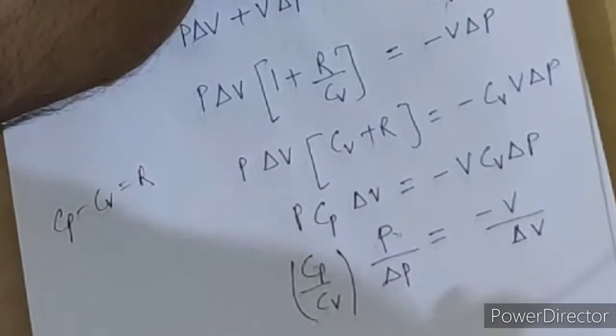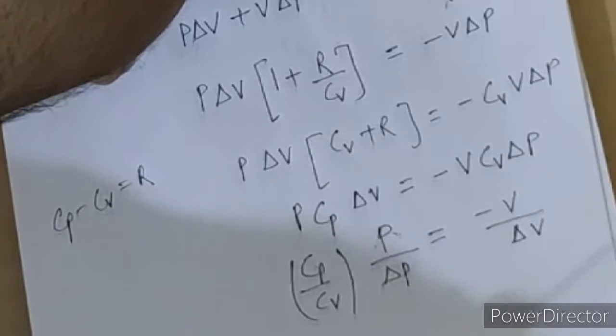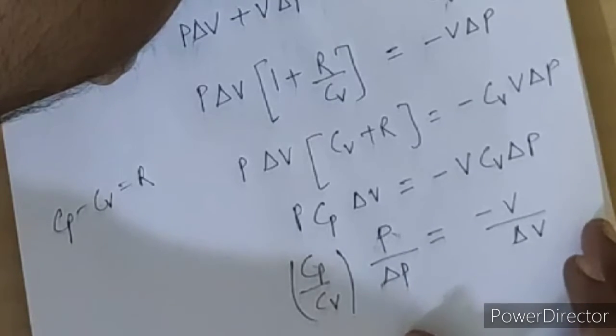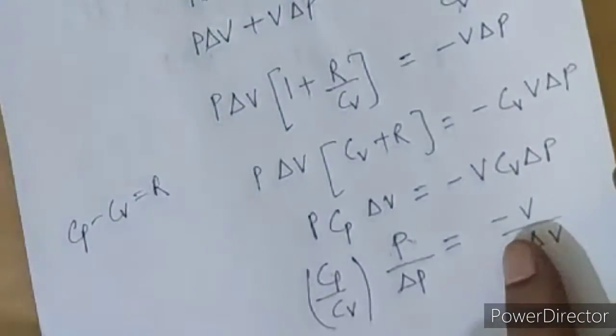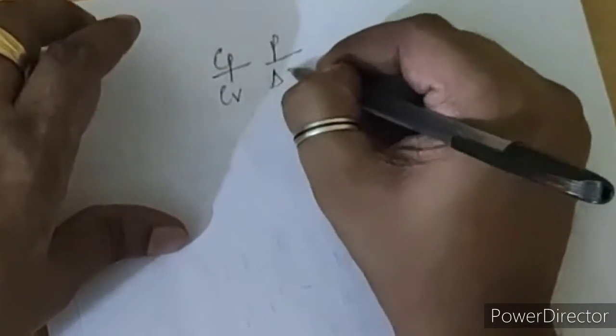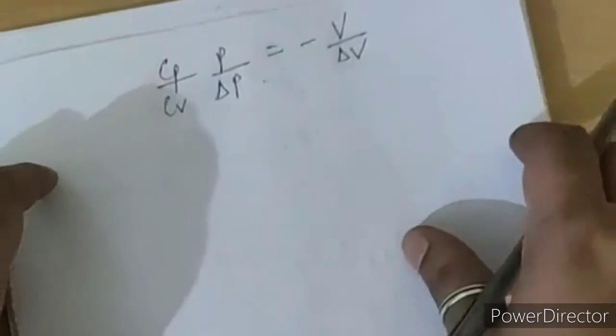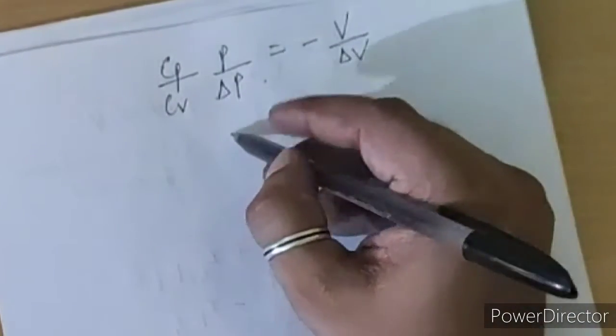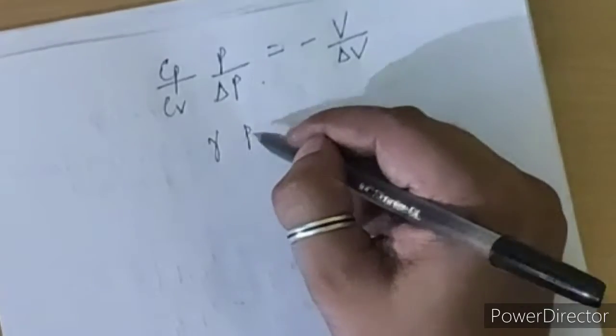So we reach this equation: P by delta P is equal to minus gamma V by delta V. So we can write this as gamma.